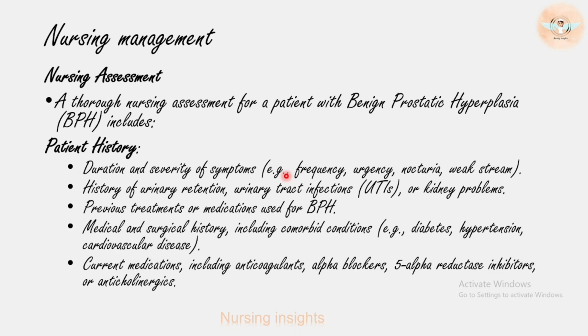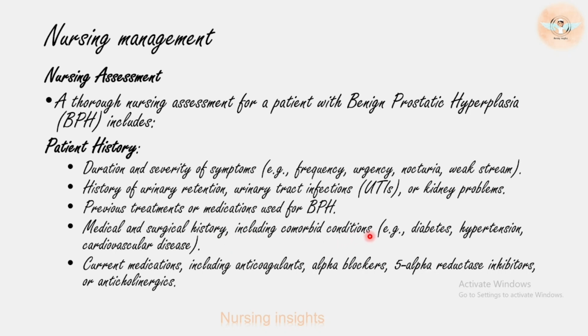So we have to inquire about what symptoms patients are experiencing. Then history of any urinary retention, urinary tract infection or kidney problems before. We have to collect the previous health history and any previous treatment or medication used for BPH, and also medical and surgical history including comorbid conditions.